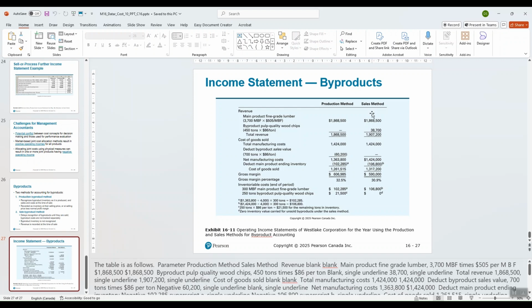But if you look at the sales method, in that case, we don't care about how much of that byproduct came out. What we care about is, out of that byproduct, how much of that is being sold. So in this case, 450 tons of byproduct came out and we sold it. So the cost was 86.